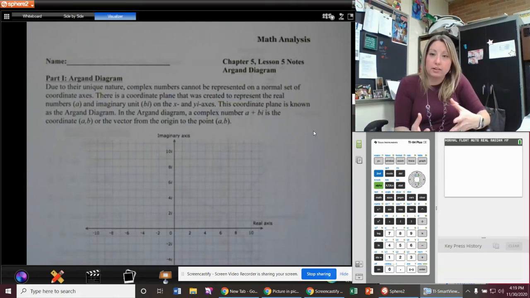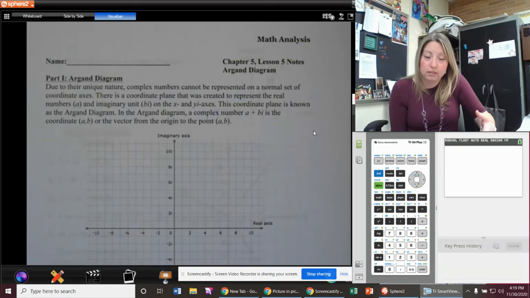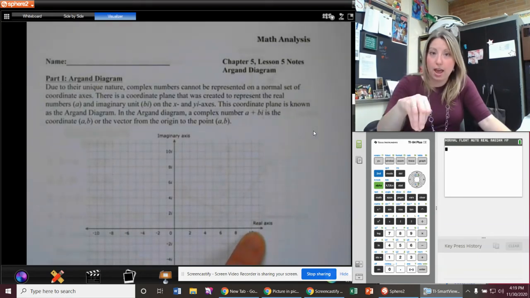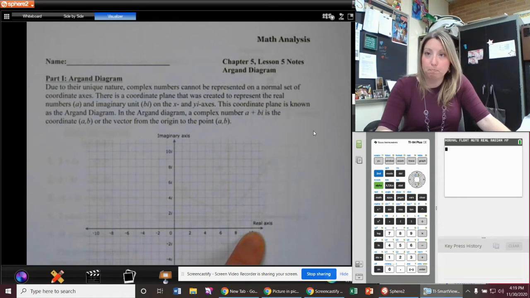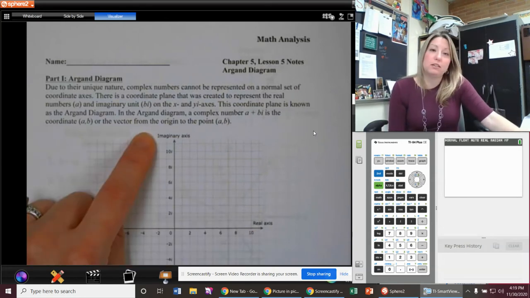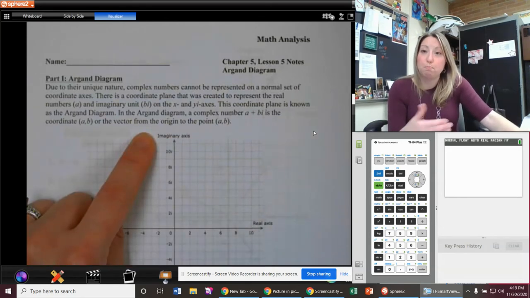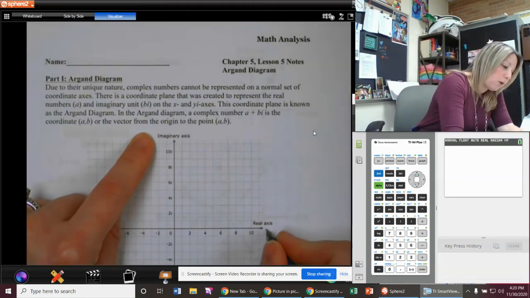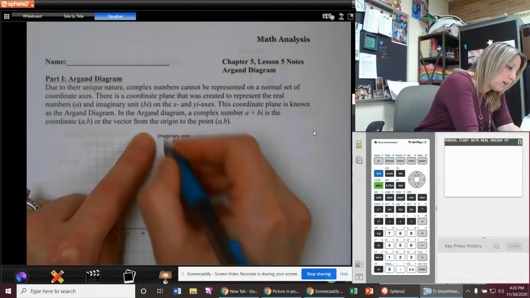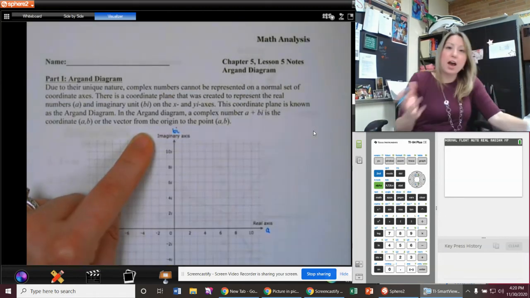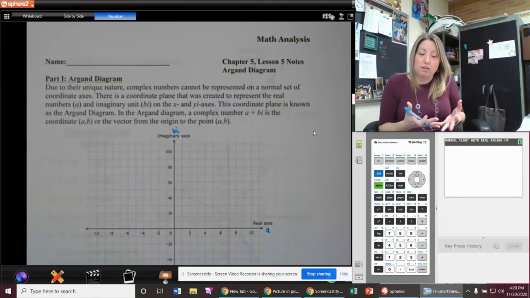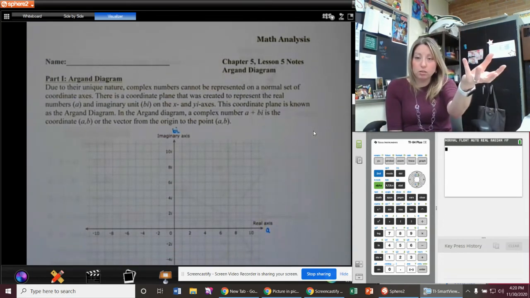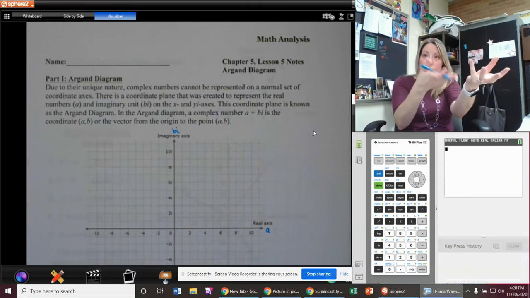The Argand diagram is just like an XY axis, but the x-axis is your real number axis. That's your A in A plus BI form. And the y-axis is the imaginary axis, your BI in A plus BI form. So to plot the point, you take the real number, and that's your x coordinate.